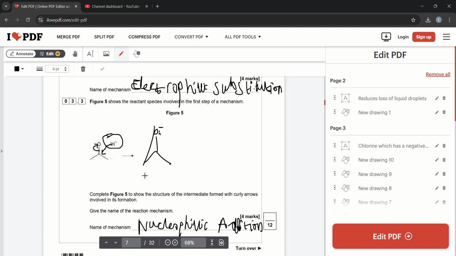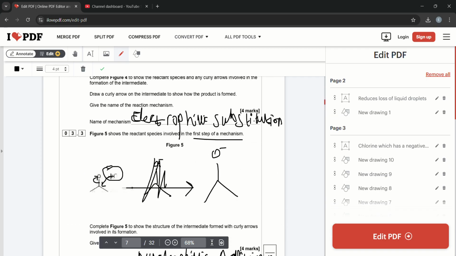It will just be negative. So go from here to here, here. O minus, nucleophilic addition, and then yeah, it will be H plus substituted to become OH, but it only wants the first step in the mechanism. Show the structure of the intermediate formed. And that is the end of question 3.